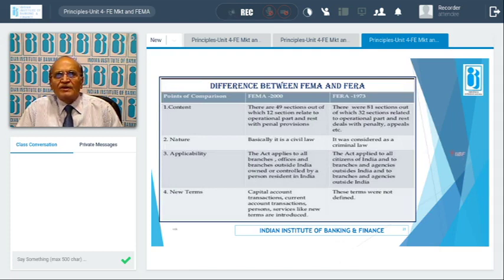Let us have a look at the difference between FEMA 2000 and FERA 1973. Number one, it differs in contents.